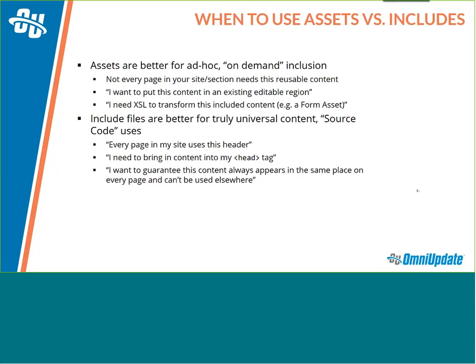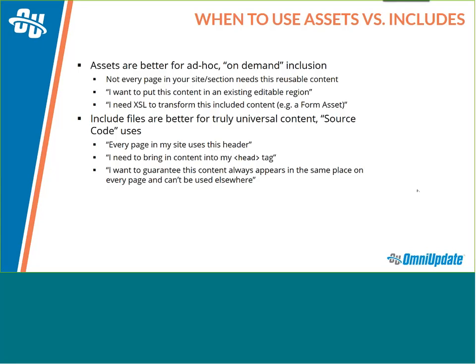Another situation that I've kind of alluded to is I want to guarantee that this content appears in the same place on every page and can't be used elsewhere. Obviously, if I made my header an asset, going back to that example, I could place that header asset where it's supposed to be for the header.